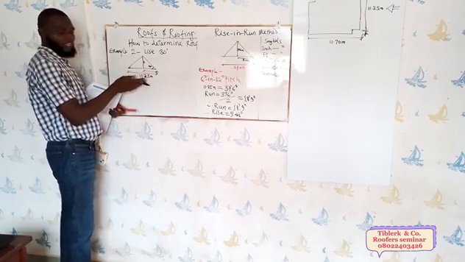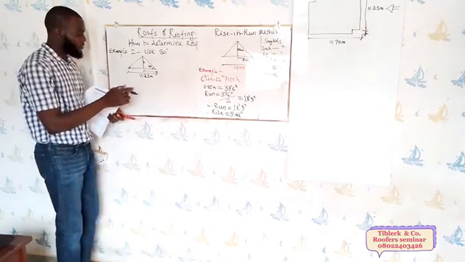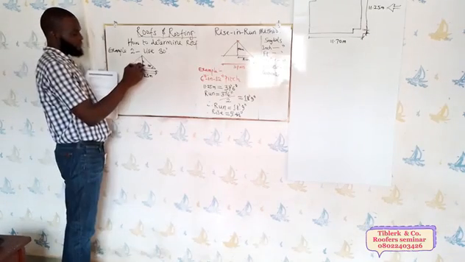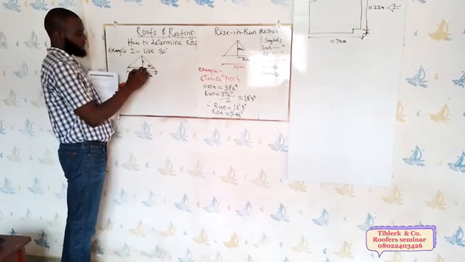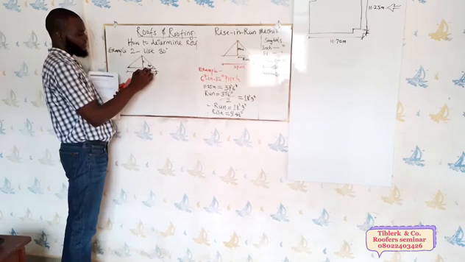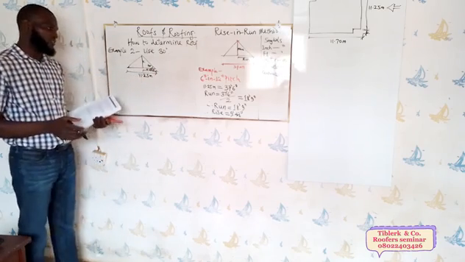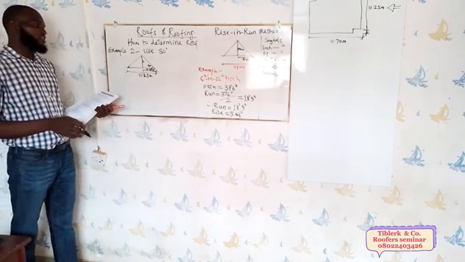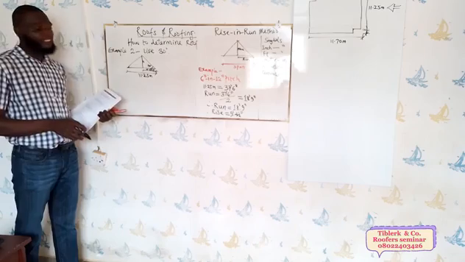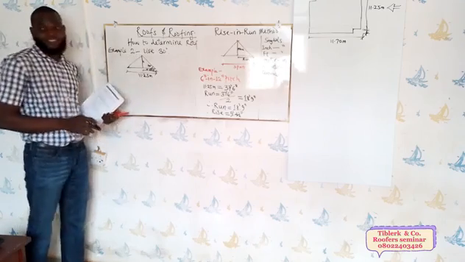Just this divided by 2. So that will give us 5.625. Let us assume we don't want to approximate it. Okay, 5.625. Yes. And we want to get our K.